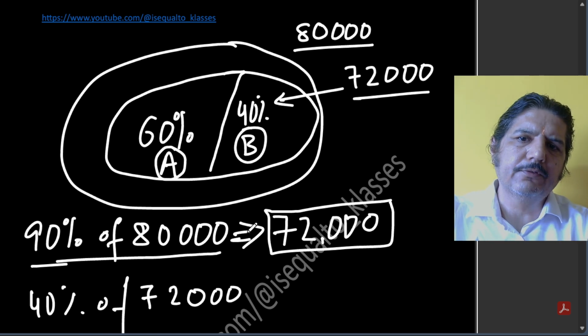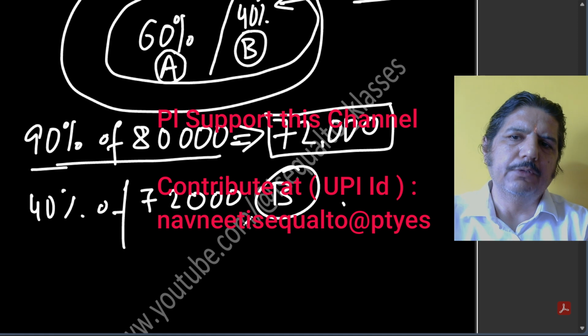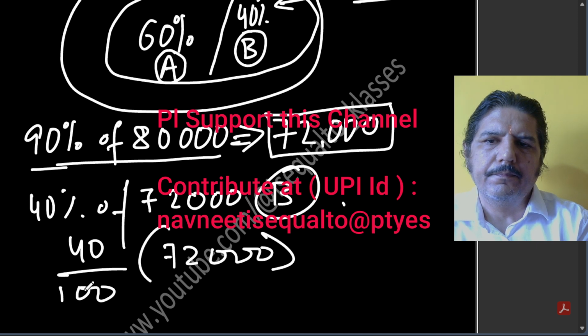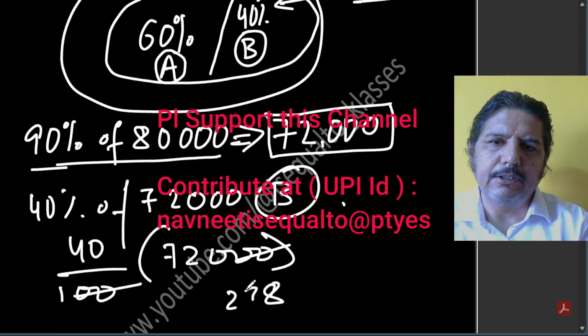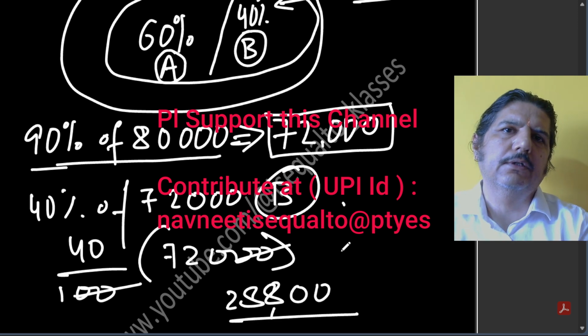So 40% of 72,000 would be the votes which went to B. So if you calculate 40% of 72,000, this will come to be 4 8s are 32, 4 7s are 28, 28,800 votes went to B.